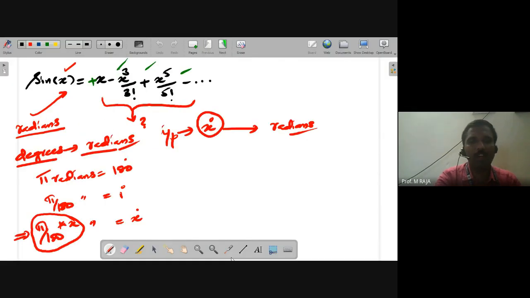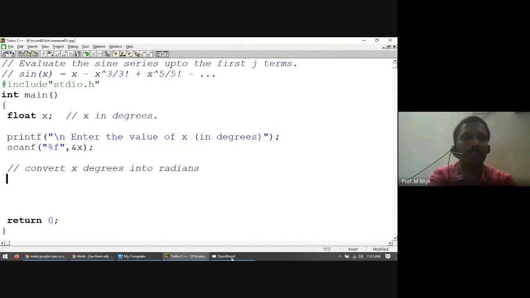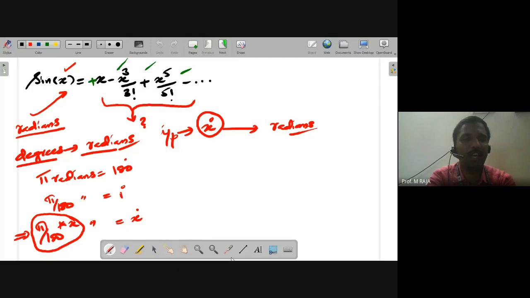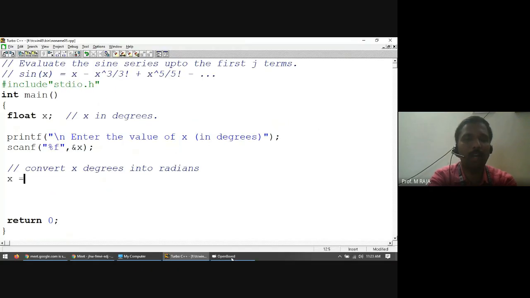So what are our calculations? X degree is equal to pi by 180 into x radians. Shall we write how to implement this equation? X is updated as x into pi by 180. Sorry, we write x is equal to x into pi.